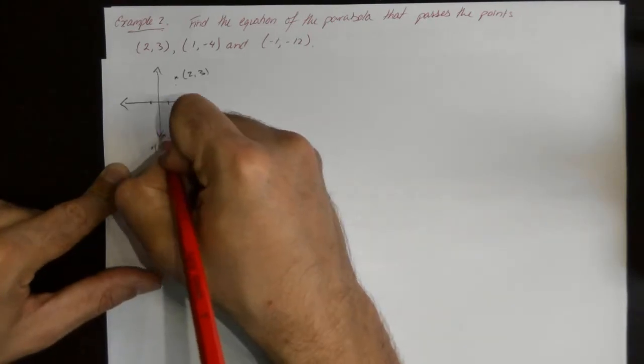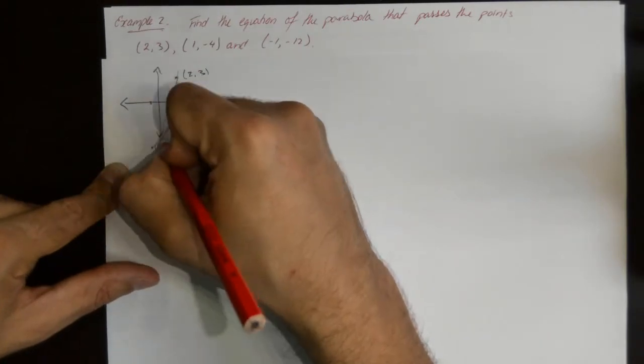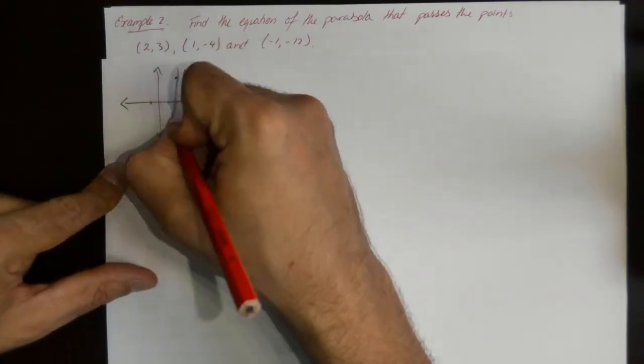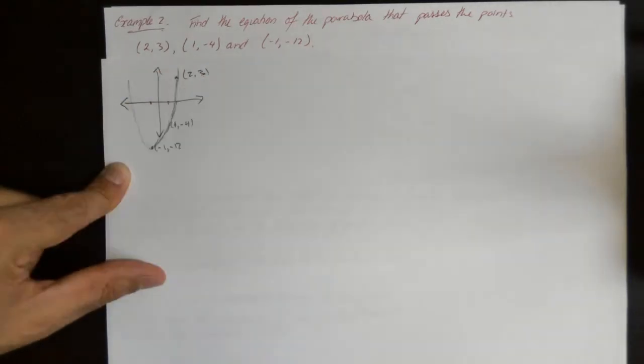And it says that these points fall on the same line. So it means that I've got some kind of quadratic that might look like that. And so really what I want to do is find the equation of the parabola that passes through these points.